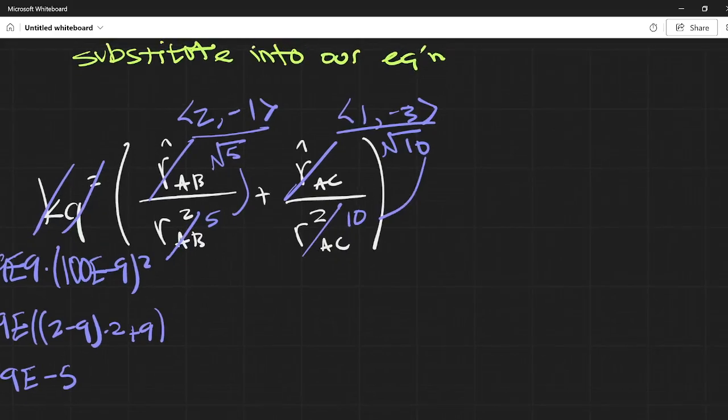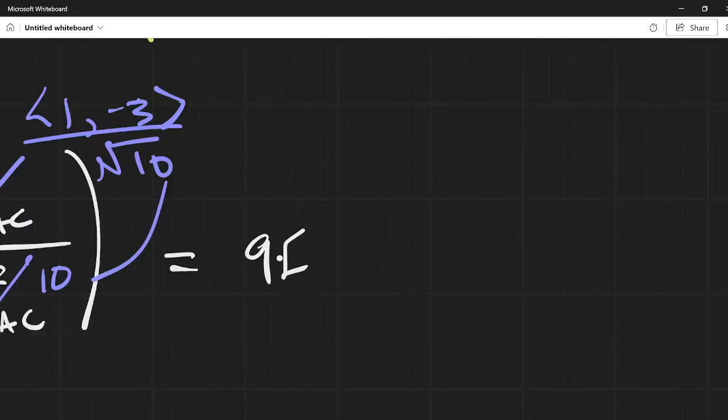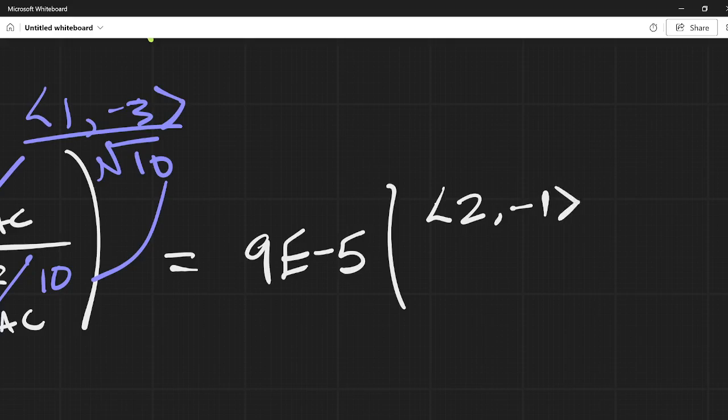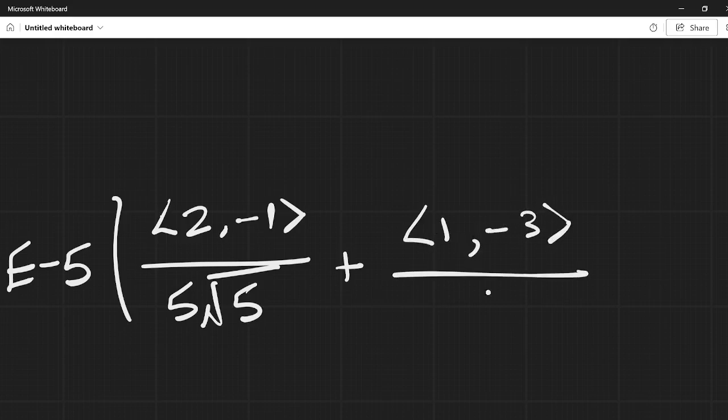And I'll just do that right now. So this equals 9e negative 5 multiplied by, this is where those i and j components are. This is where they pop out. We'll simplify all of our fractions as we go. 1, negative 3.